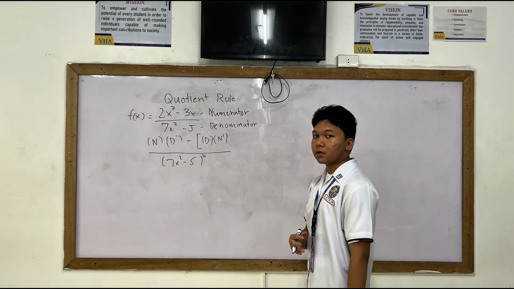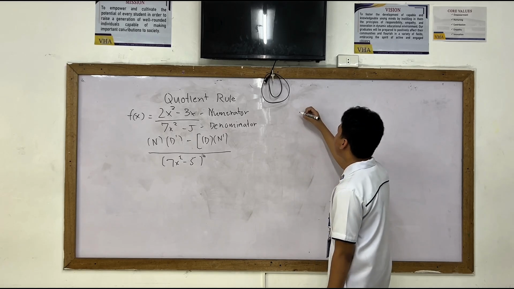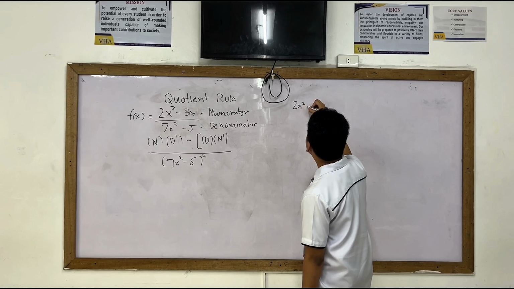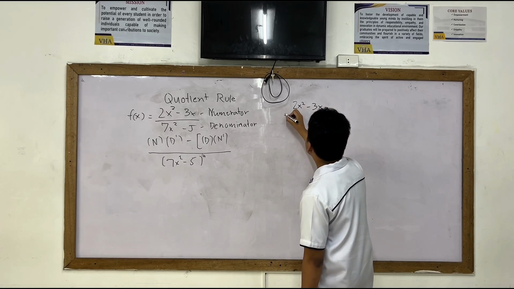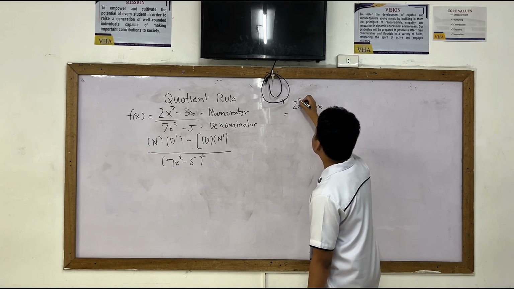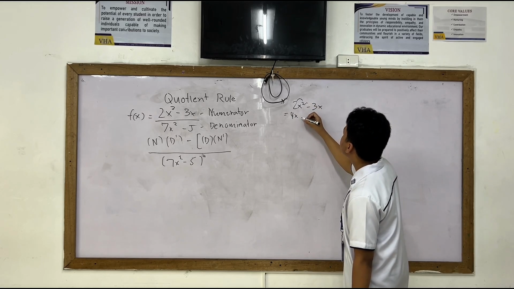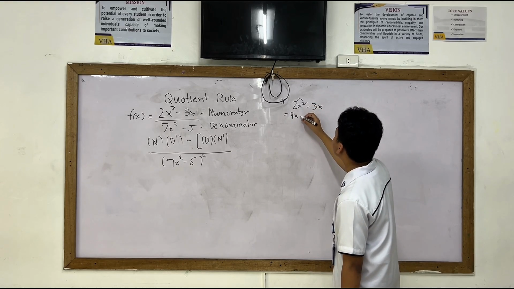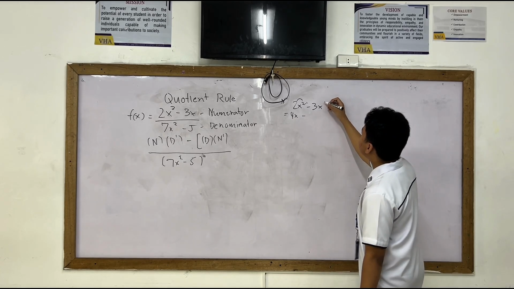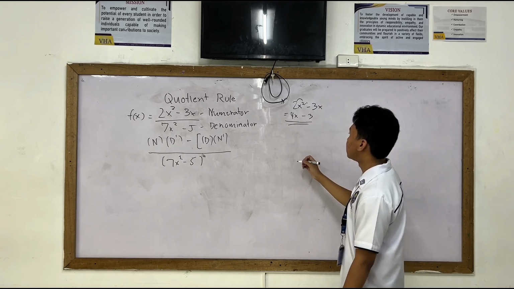So first, we're going to find the derivatives of both the numerator and the denominator. Our numerator is 2x squared minus 3x. Finding the first derivative: 2 times 2 is 4, x to the power of 2 minus 1 is just x to the 1, so we don't need to place it there. Minus, this is just 3 times 1, so we get 3. This is the first derivative of our numerator.